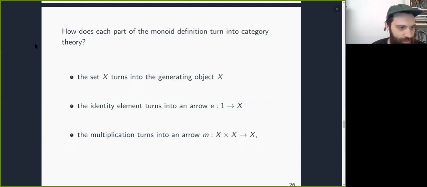But I guess a better way to think of x times x is a list or a tuple, a double of type x. So really we're going to have all these tuples of type x in this category. Does that make sense? Does that help answer your question?